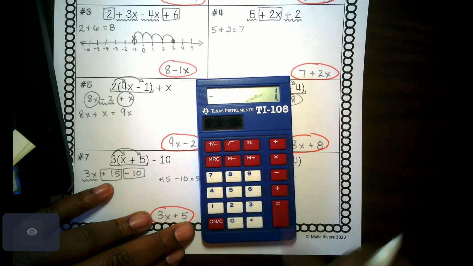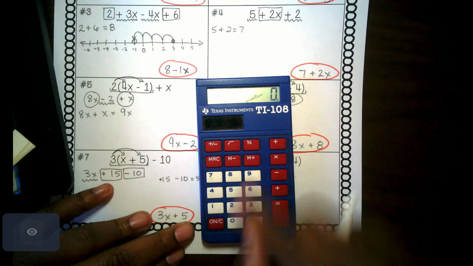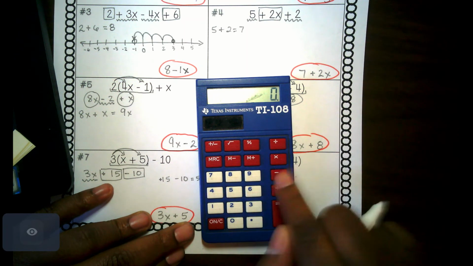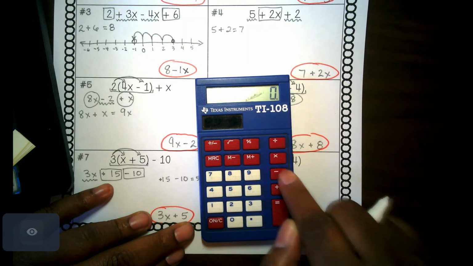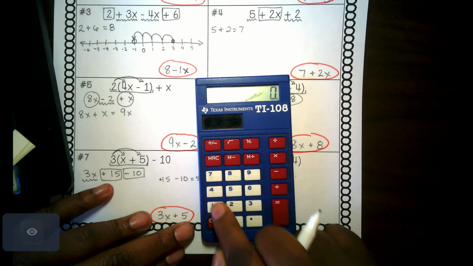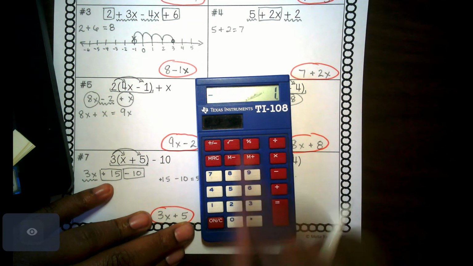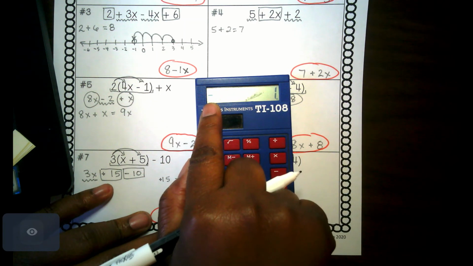Some of you may not know on these basic calculators, on your calculator, you may have a negative and positive button, and that's great. If you are using one of the school calculators, then for a negative 1, while you have it on clear, you would hit the minus symbol, the number 1, and hit the minus again, and you would see it pop up there to say that it's a negative 1.